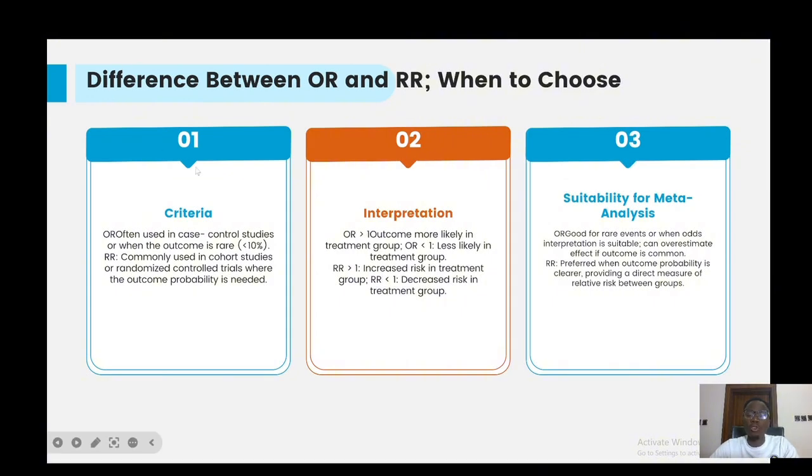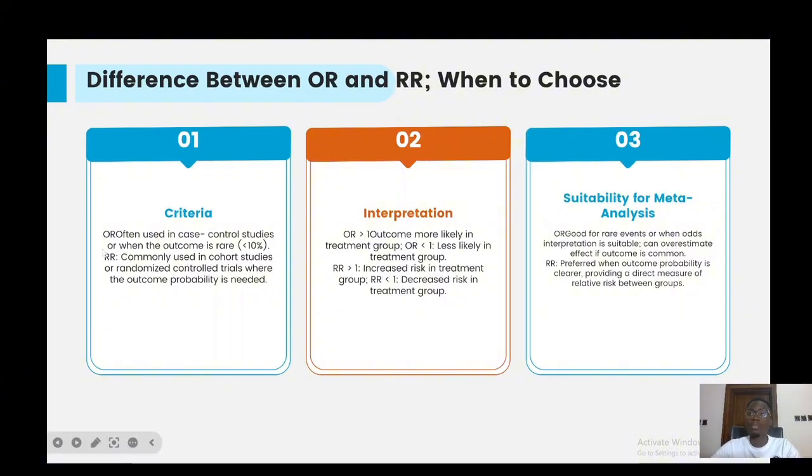Now, before we go through it together, I just want to show some differences between the odds ratio and the risk ratio. The odds ratio is often used in case control studies, okay? Whereas the risk ratio is used whenever you're trying to understand exposure, right? And it's usually either prospective or retrospective, which is what cohort studies are, or sometimes randomized trials, when you're exposing a particular group to a particular intervention or an exposure.